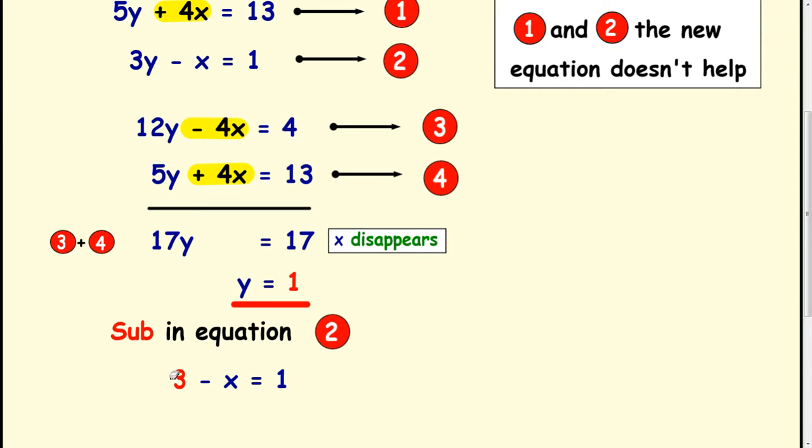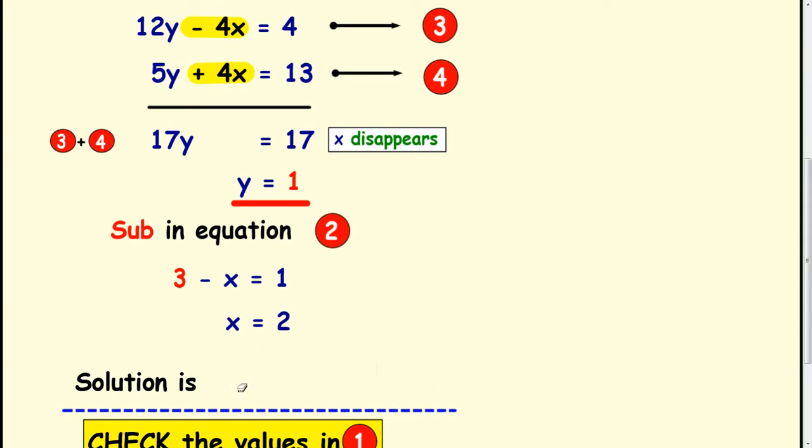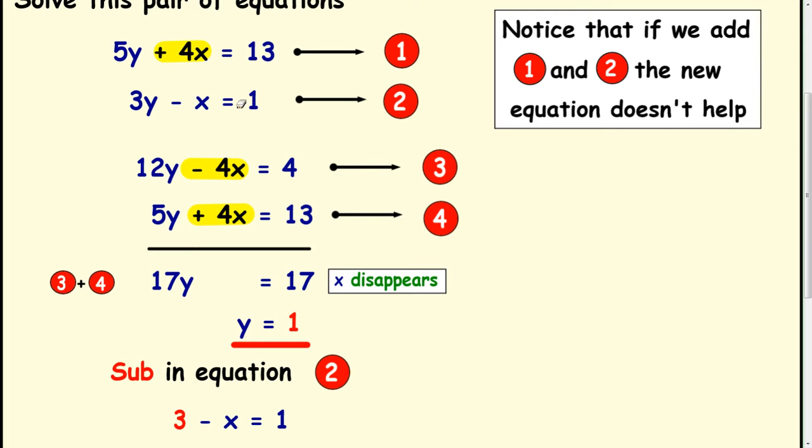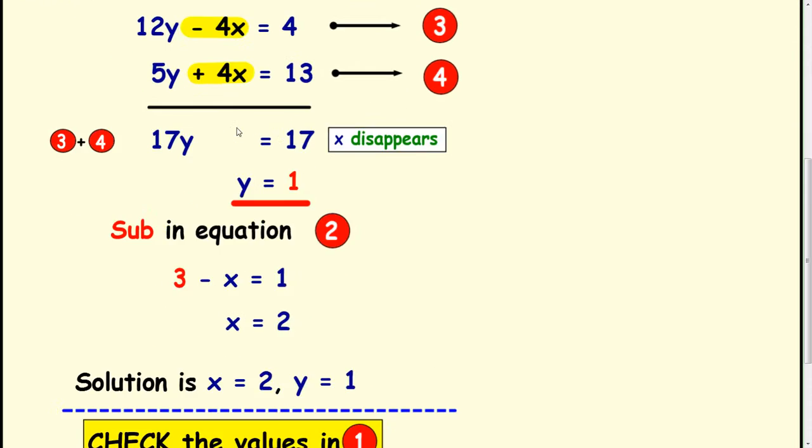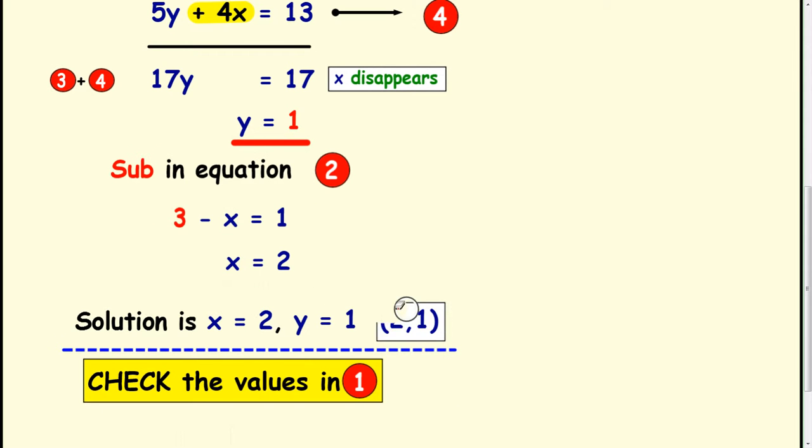And the easiest way to do this is 3 take away what makes 1, well it's 2, isn't it? So there's your answer, 2. So the solution is x equals 2 and y equals 1. Remember, if you were to draw these two lines on a graph, you would get a point of intersection, and that would happen at 2, 1.